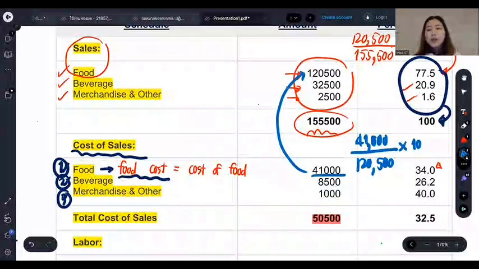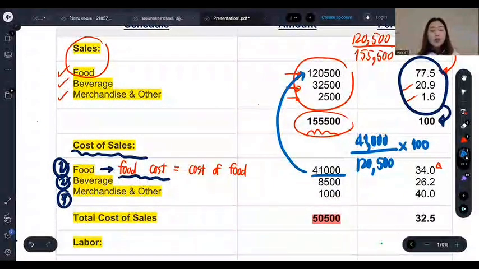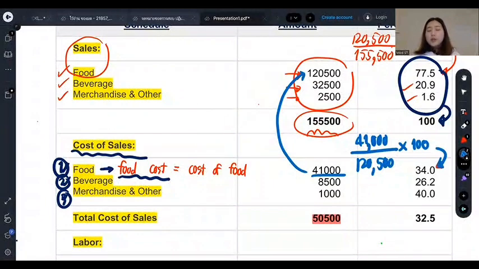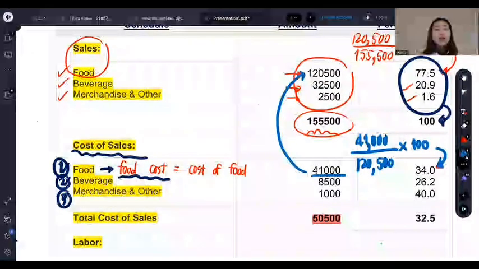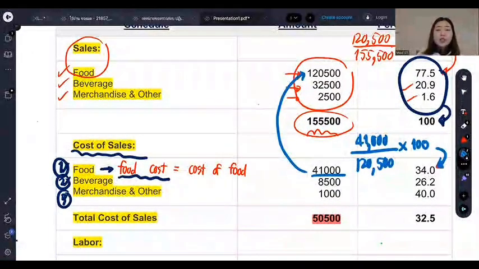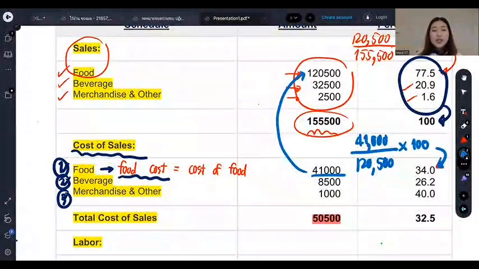Multiply with 100, and then we will get the percentage of food cost, which is 34%. And we can use this idea to find the beverage cost percentage and merchandise and other cost percentage.